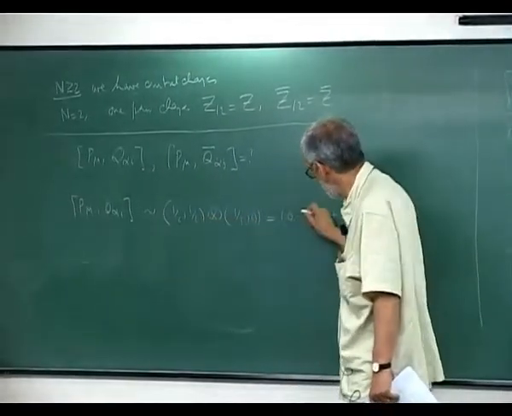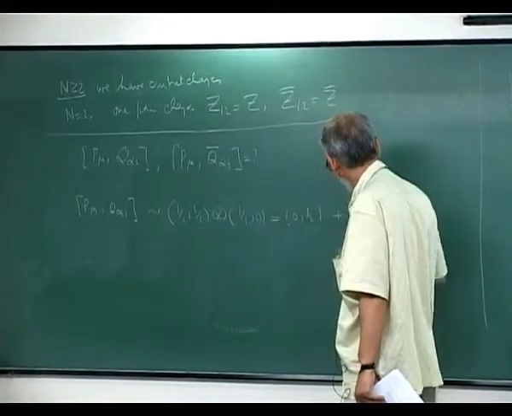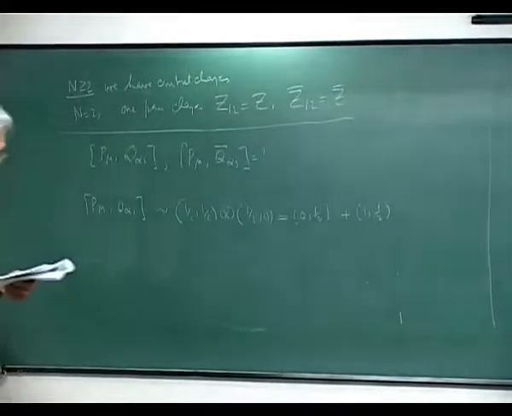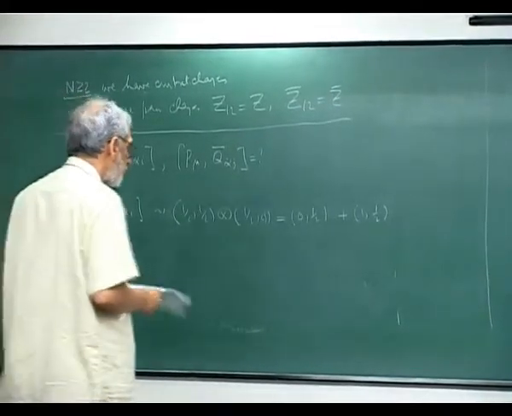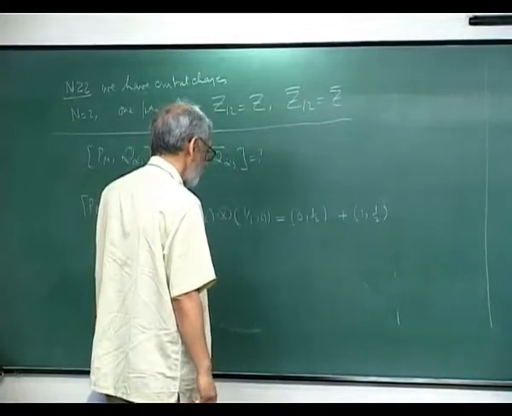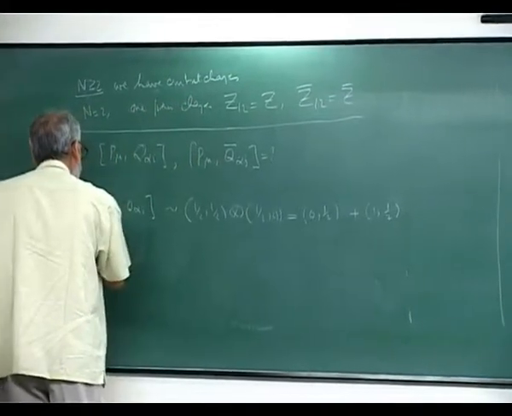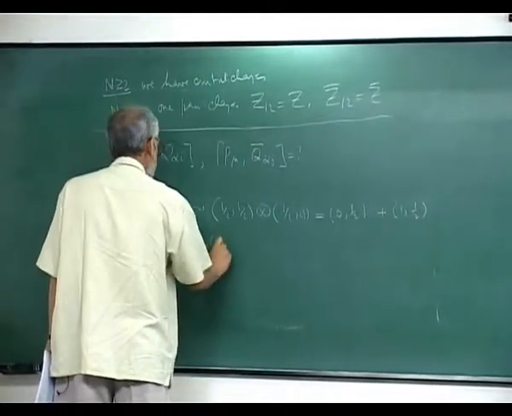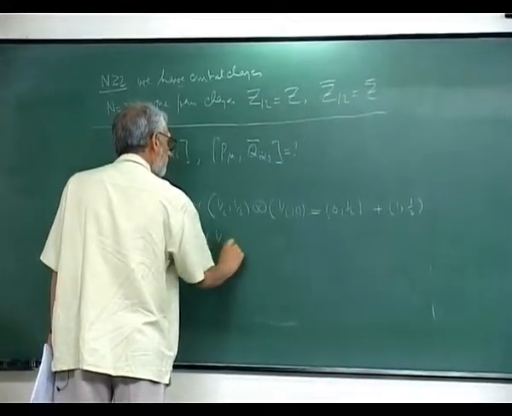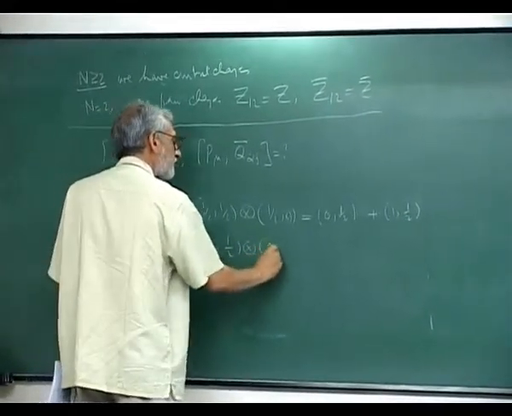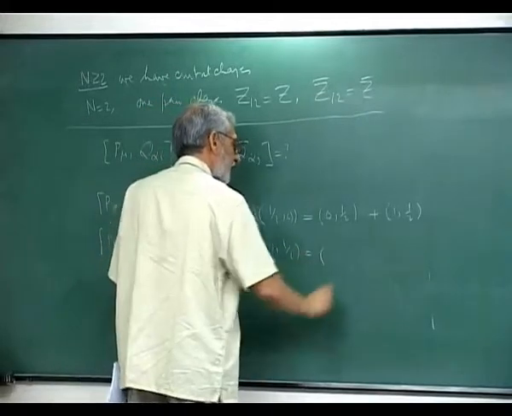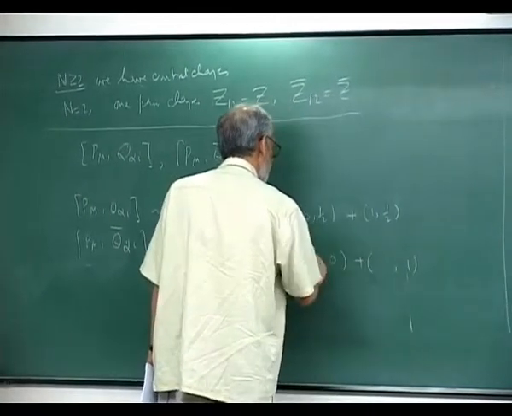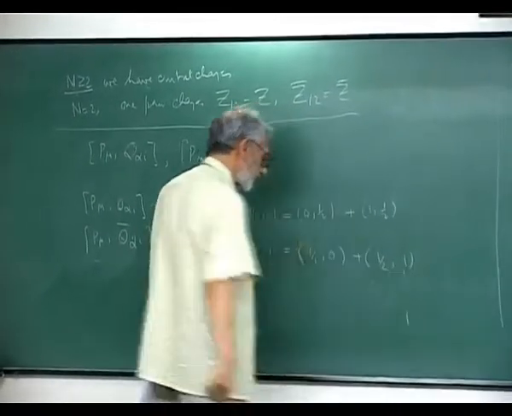And half and 0 gives you half, half and 0 gives you half. Similarly, 0, 1, half, half.